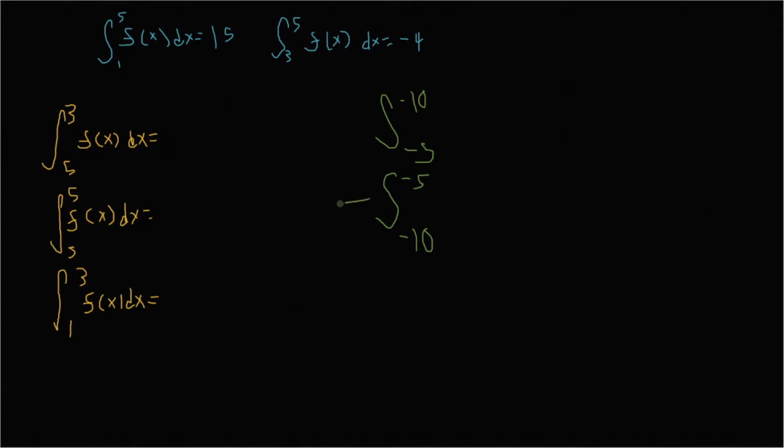It's the same thing, just slap a negative sign in the front. They're the same thing. So we have the information needed from the integral, because the integral from 3 to 5 is negative 4. So from 5 to 3, because they are flipped bounds, is just going to be negative times negative 4, or just positive 4.